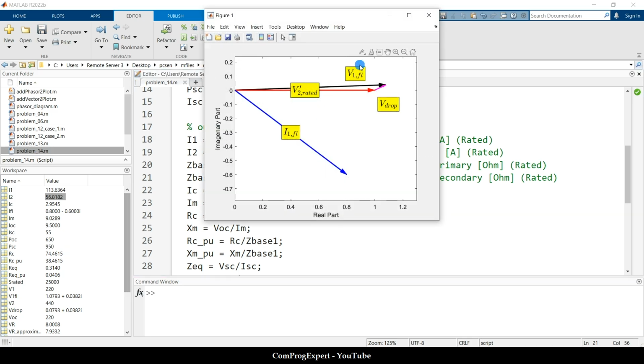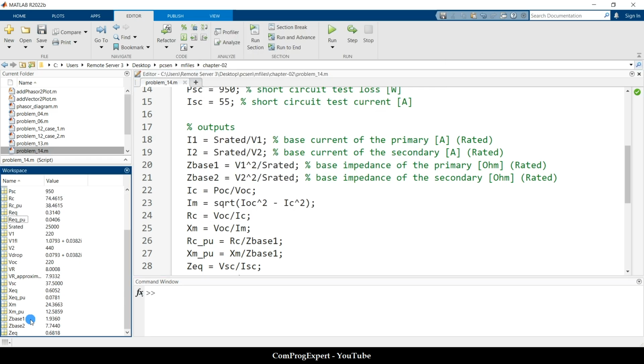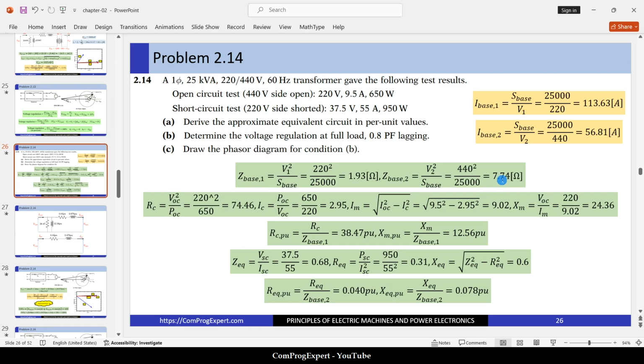If I run the code, here you can see the values for the Z base 1, 1.93, and Z base 2 is 7.74. These two numbers.